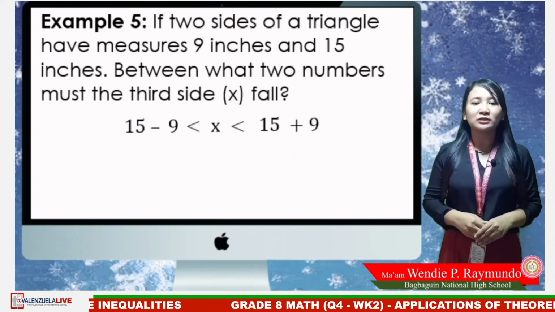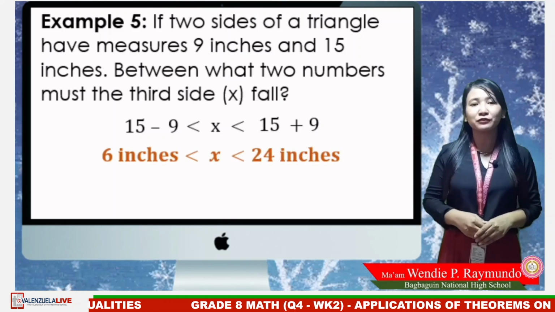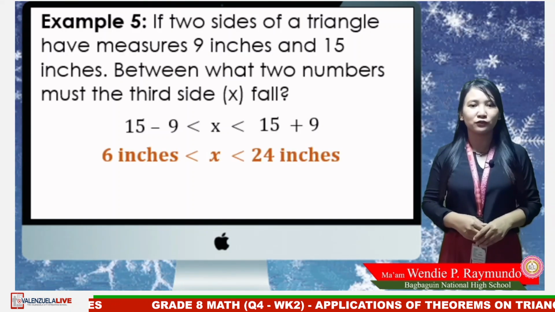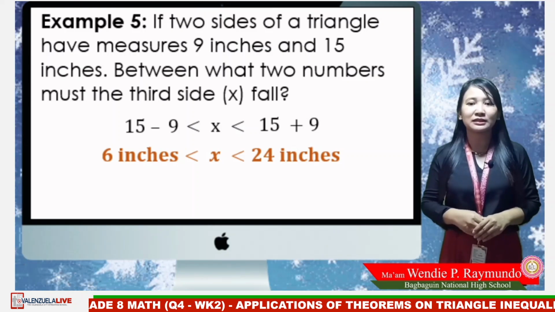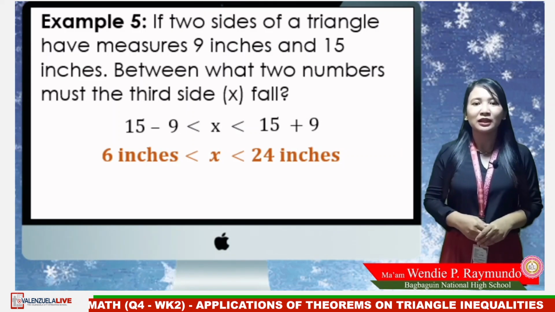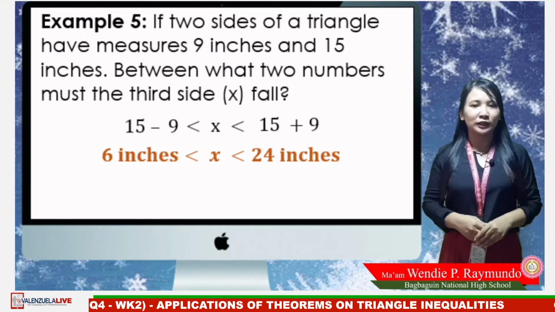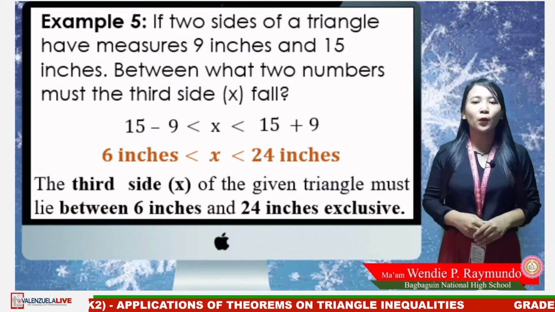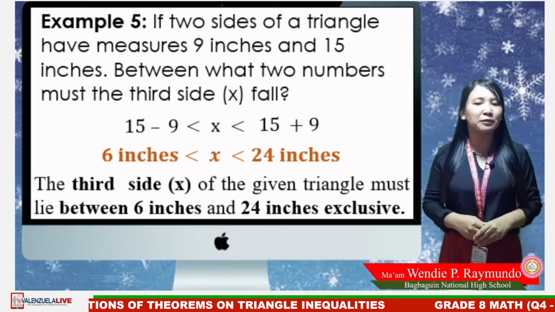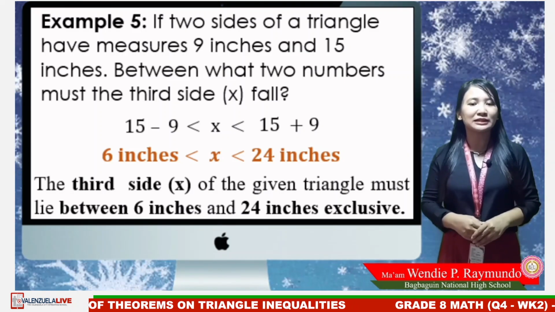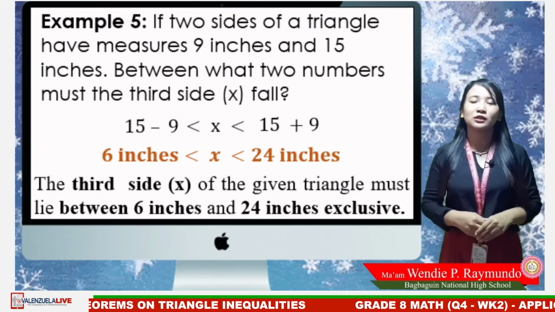So 15 minus 9 is 6, and 15 plus 9 is 24. So the range would be x is greater than 6 but less than 24 inches. Therefore, the third side of the given triangle must lie between 6 inches and 24 inches, exclusive.